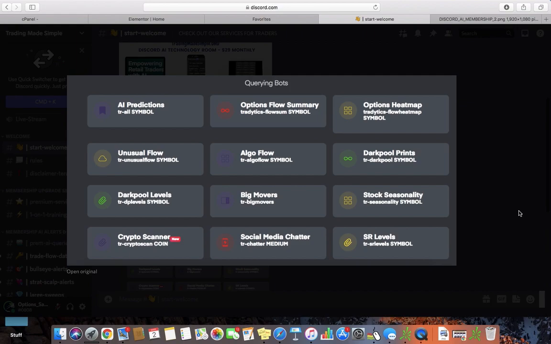But if you are good with the commands and you've been querying before, then you're going to find this very simple. Now, for those of you that aren't, in my channel, I'll of course have an education folder that will have all the commands. It will tell you what each one of these strategies does, whether they're the auto posting bot or the query bot, as well as strategies I develop on how to utilize this information so that you're not just getting the alert and immediately getting in without your own analysis.